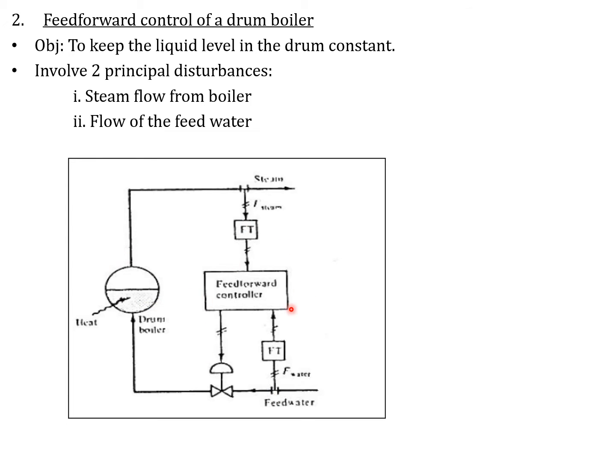So the feedforward has to measure the disturbance of the steam flow and the flow of the feed water, and act on the manipulated variable, which is the feed water itself, before it affects the system. Hopefully the steam that comes out is not much affected by the change in feed water or in its steam flow. It's already been taken care of by the so-called feedforward model that we'll see later in our lecture here.